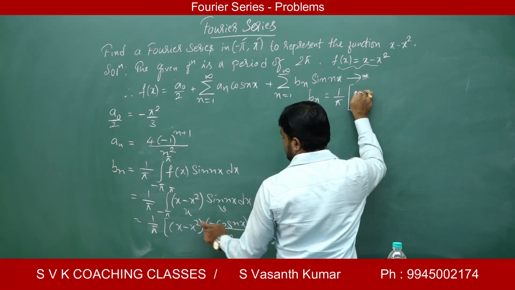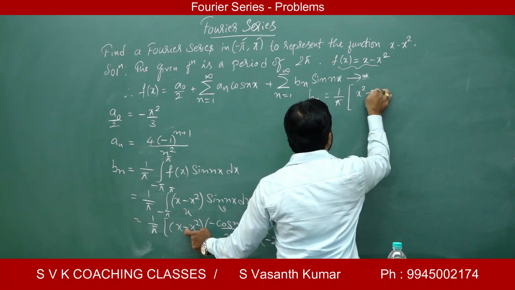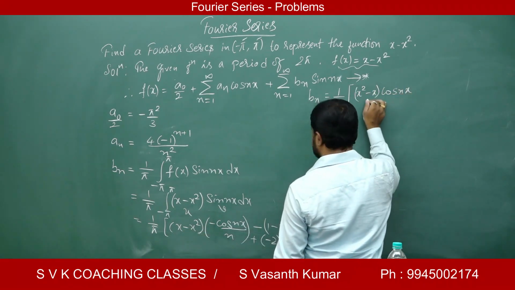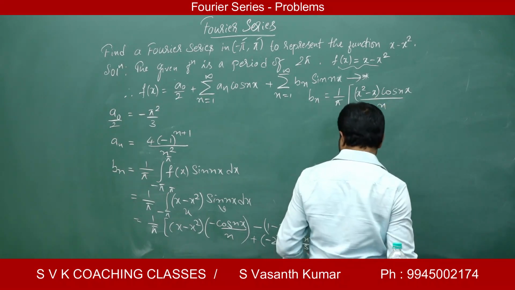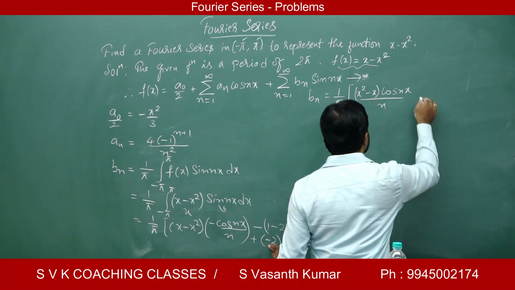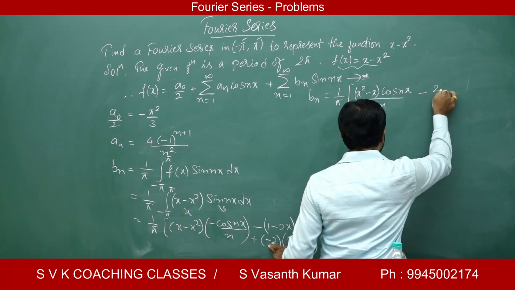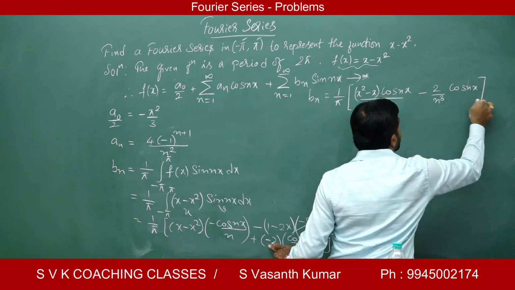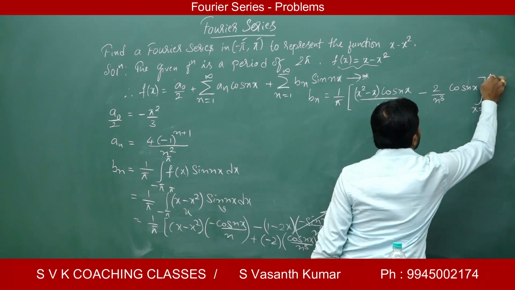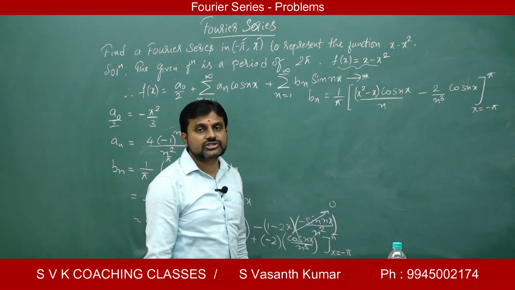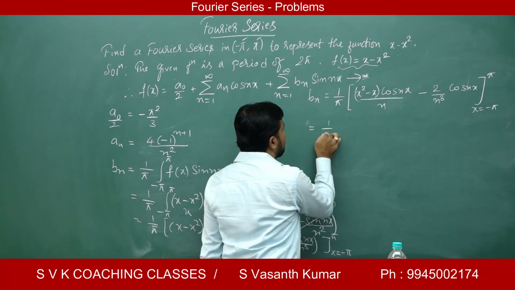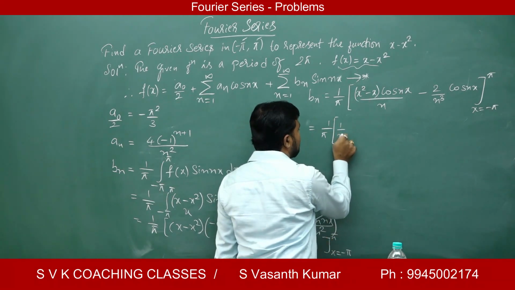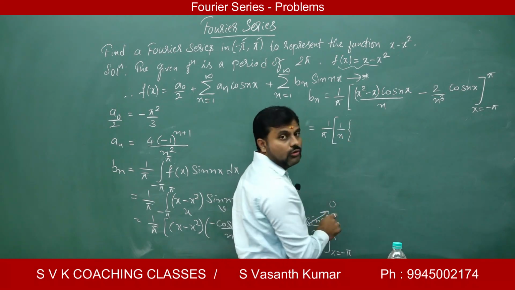So that can be written as minus, multiplied here, x square minus x into cos nx divided by n. Here we again have a minus term, minus 2 by n cube into cos nx, limit x equal to minus pi to pi. So 1 by pi, substitute the limits now. Take out the common term 1 over n.